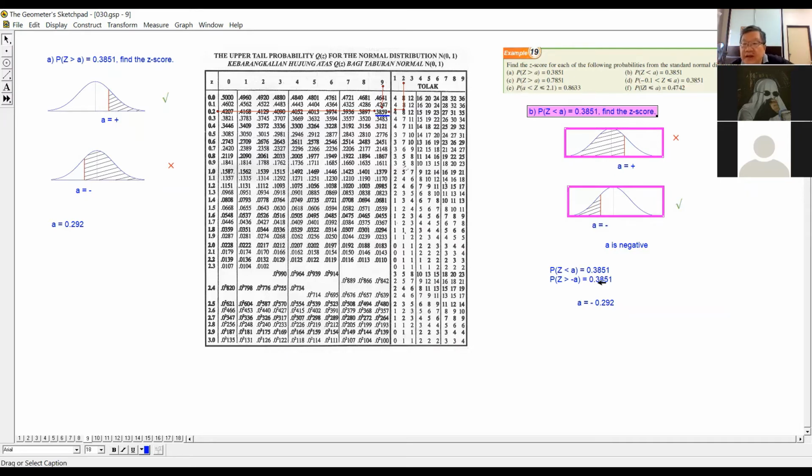So the equivalent in the upper tail is negative A, 3851. And when I look at the table for 3851, the same value will come. It is 0.292. But this time you have to put a negative sign in front, because from the graph we know that it is going to be negative.